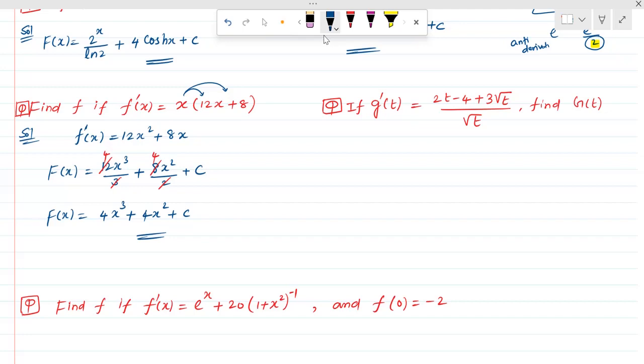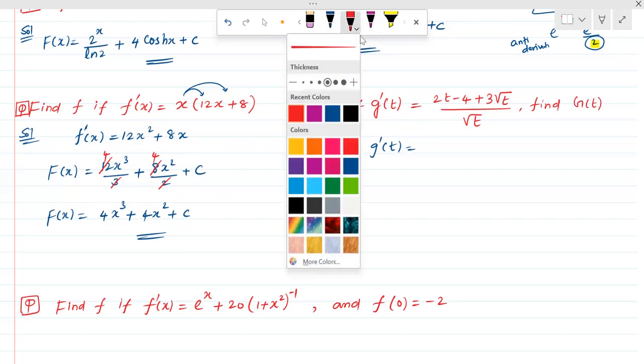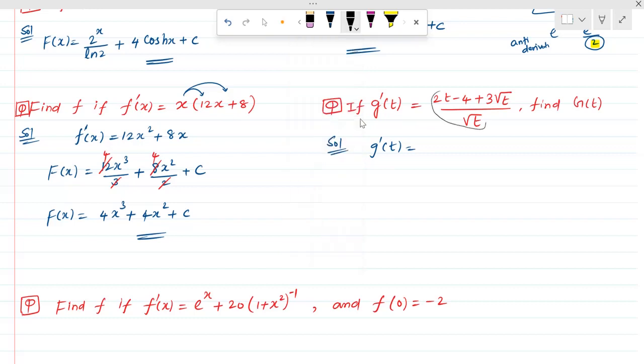Now we have g of t in fraction form. So I will simplify this part first. How will you simplify? Just separate each term over the denominator. So this over this part, then 4 over root t, and then this over this. If you divide, what happens?